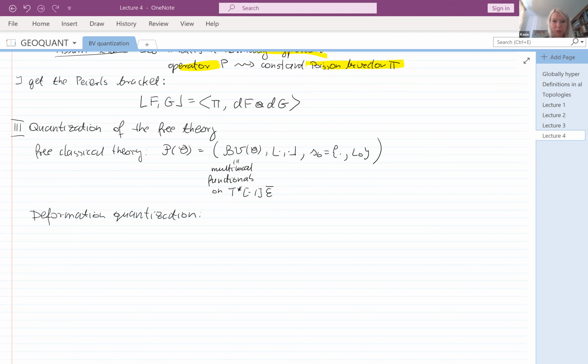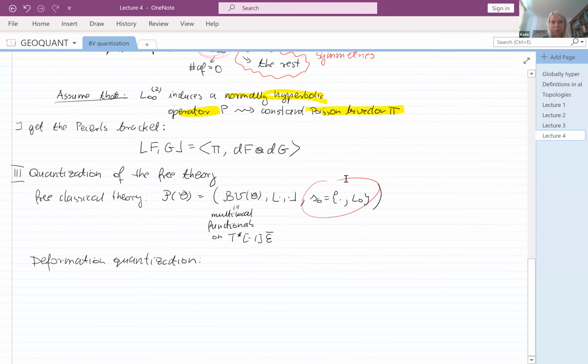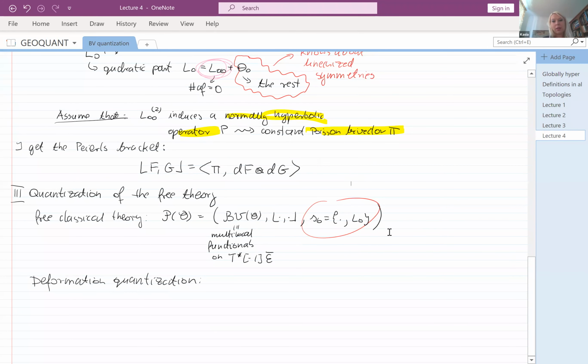So the question is, why don't you include all the extended Lagrangian in the free theory? I do include all the extended Lagrangian in the free theory, on the level of the differential. So the free theory is described by a few pieces of data.